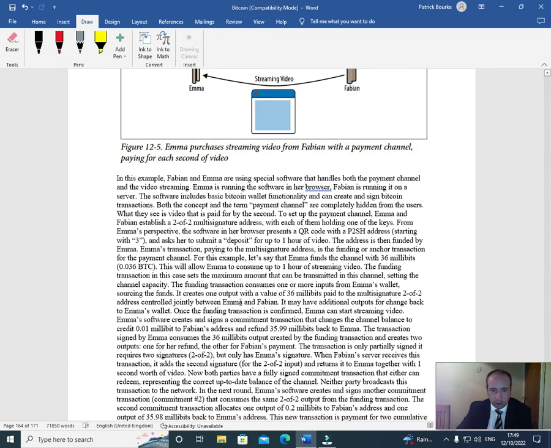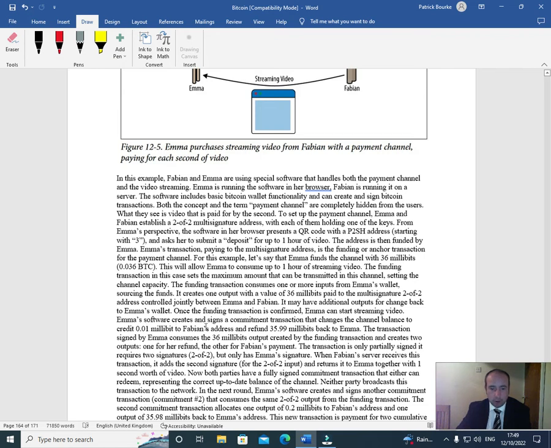It creates one output with a value of 36 millibits paid to the multi-signature 2 of 2 address controlled jointly by Emma and Fabian. It may have additional outputs for change back to Emma's wallet. Once the funding transaction is confirmed, Emma can start streaming video.